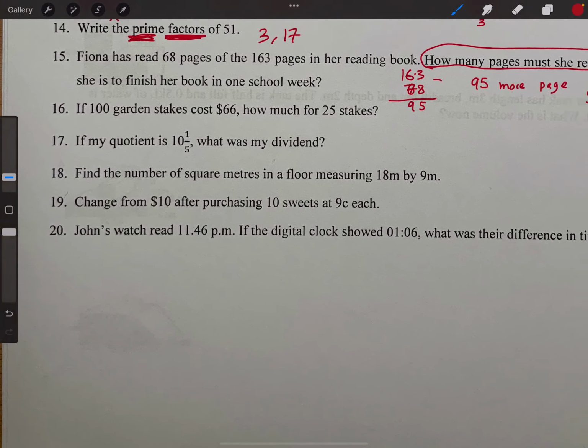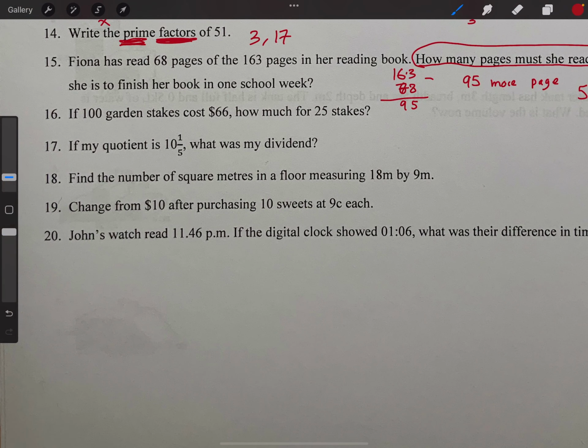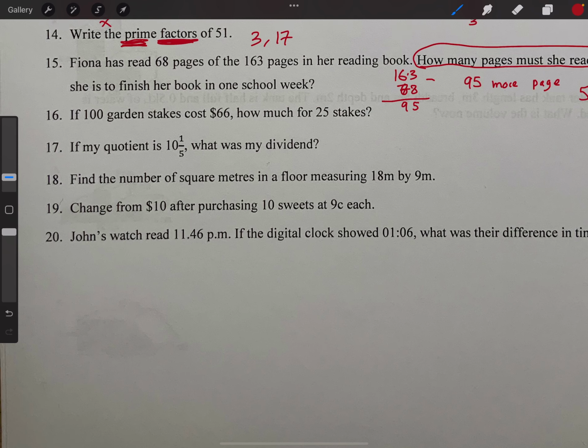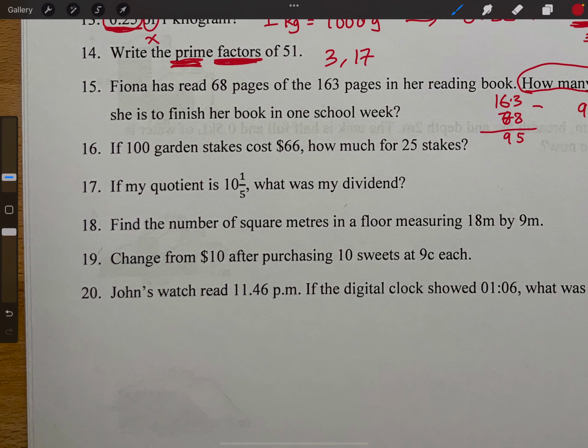Question 16. If 100 garden steaks cost $66, how much for 25 steaks? Now, 25 steaks compared to 100 steaks. 25 steaks is 1/4 of 100 steaks.